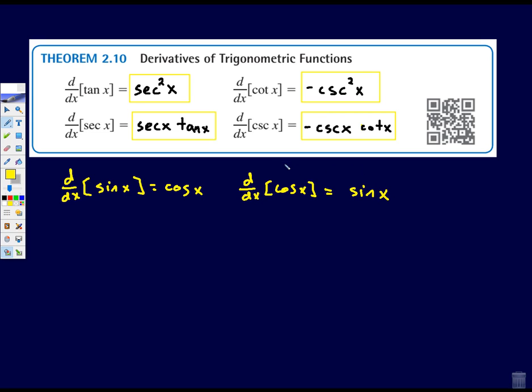The first one is kind of just side to side. Like the derivative of sine was cosine, and the derivative of cosine was sine. So we notice the use of co-functions there. The derivatives of tangent and cotangent also involved co-functions, secant squared and then cosecant squared.